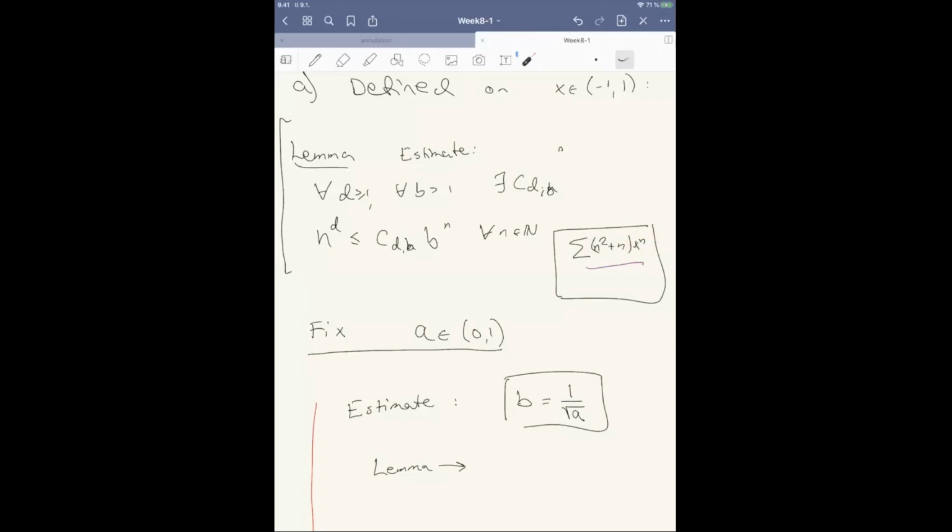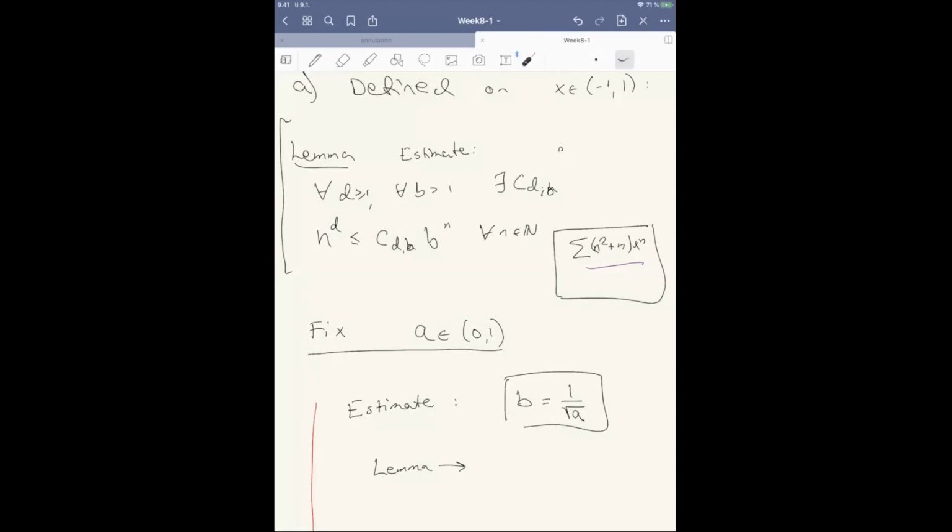And because x has absolute value less than 1, this geometric thing is decaying very fast. What you might remember from 131B, 1A, or before is that if you have a geometrically decaying thing times a polynomial, the geometric decay is what matters. So this lemma is what helps us to say this rigorously.